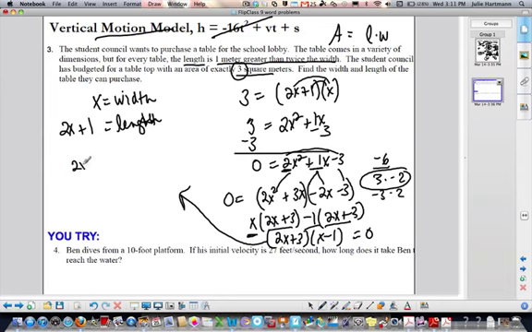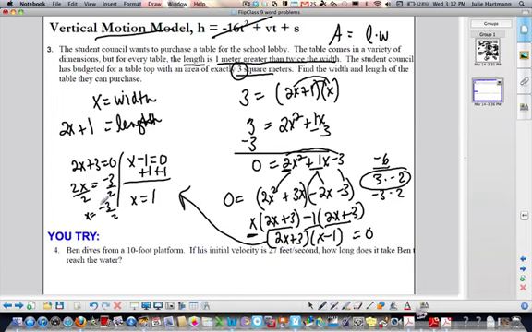So we have 2x plus 3 equals 0, and x minus 1 equals 0. Okay. Add the 1, you get x equals 1. Over here, minus the 3, and then divide by 2. So you get x equals negative 3 halves. We know we don't have a length of negative 3 halves, so cancel that one out. We have x equals 1.